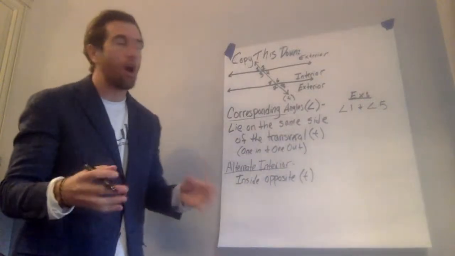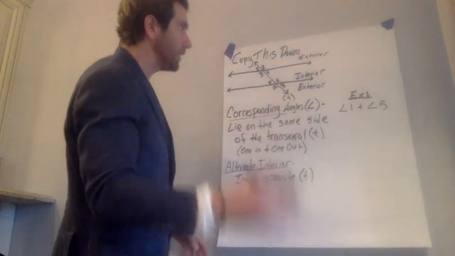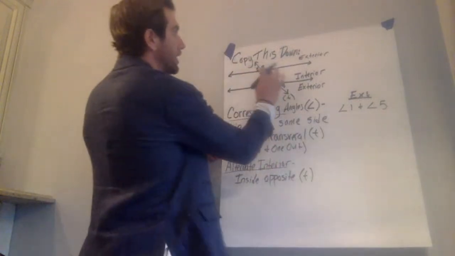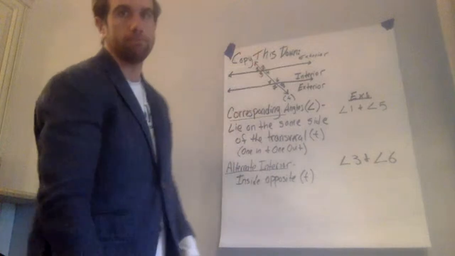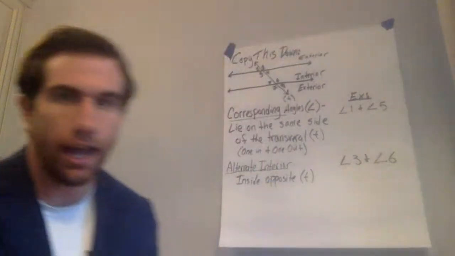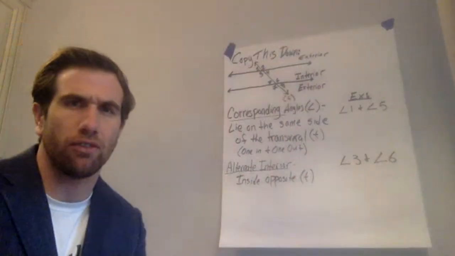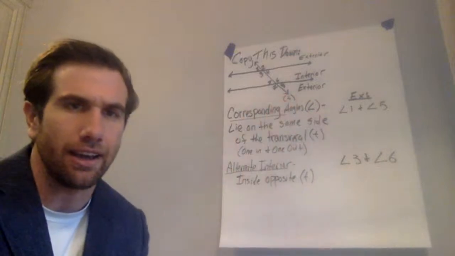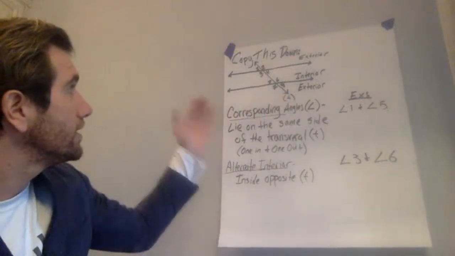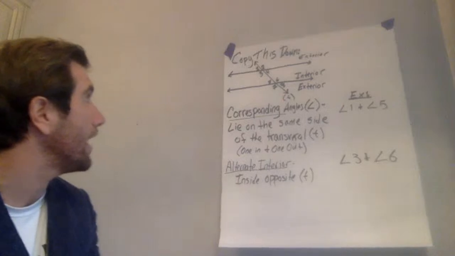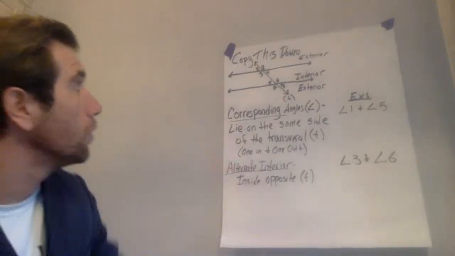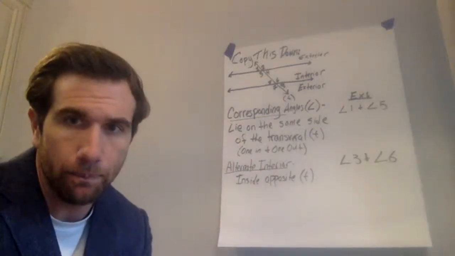So what are my alternate interior angles? 3 and 6. Okay? 4 and 5. Opposite the transversal. We're always going opposite the transversal because that transversal is key. It's what is separating everything here. It's the line that goes through the two parallel lines.